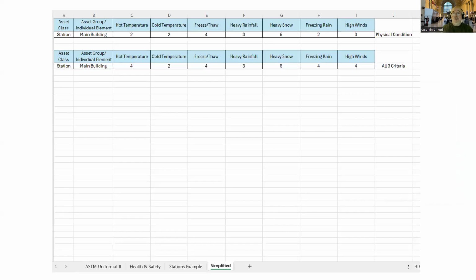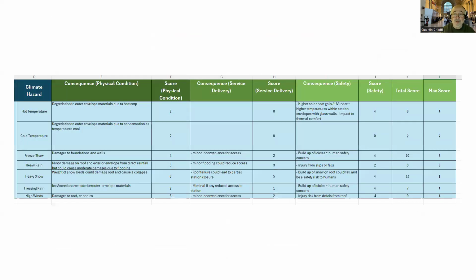So I thought I would just highlight how looking at an individual criteria of physical condition as opposed to all 3 criteria might alter the actual consequence values. So just looking at stations, that example of the previous page, I looked at the physical scores, comparing it with the safety scores, and you can eyeball that here.